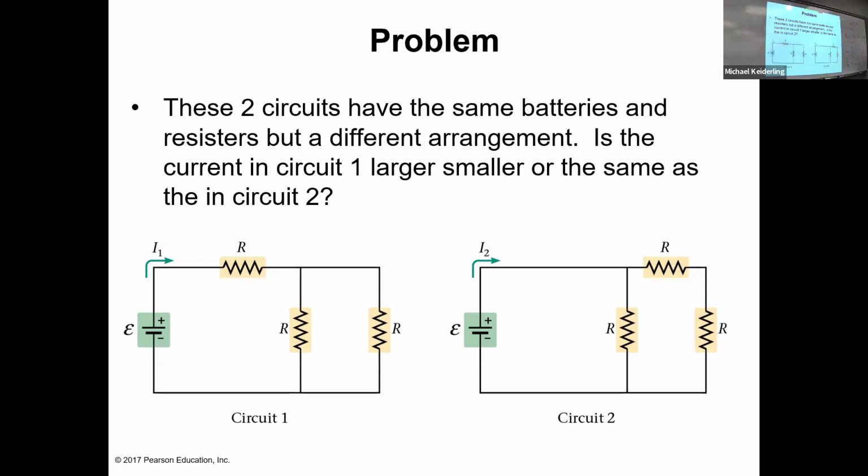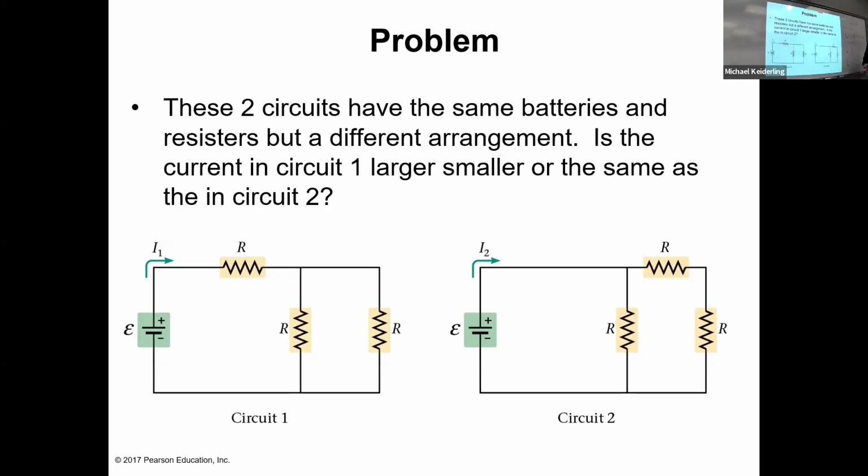Yep. So here, the resistance will be at least R. It's actually going to be 1.5 R. But here we have R here, and then some additional path that it can take over here.